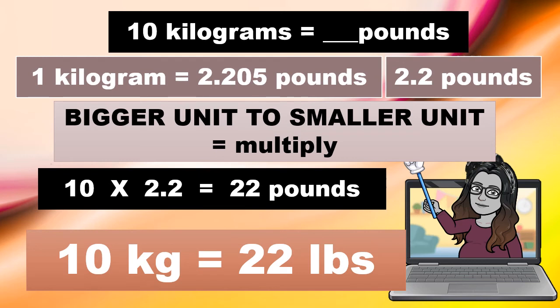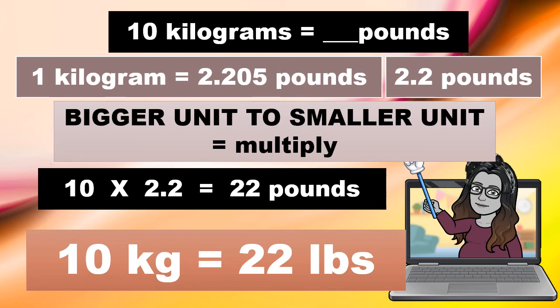Here's our next example. 10 kilograms converted to pounds. So, 1 kilogram is equivalent to 2.205 pounds. Or we can just simply use 2.2 pounds.